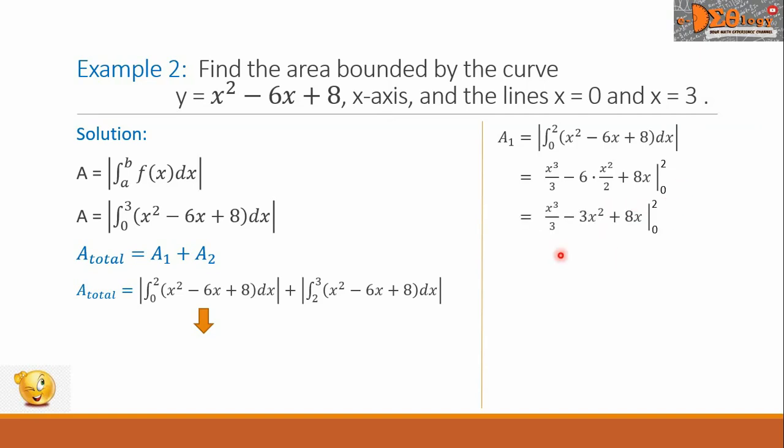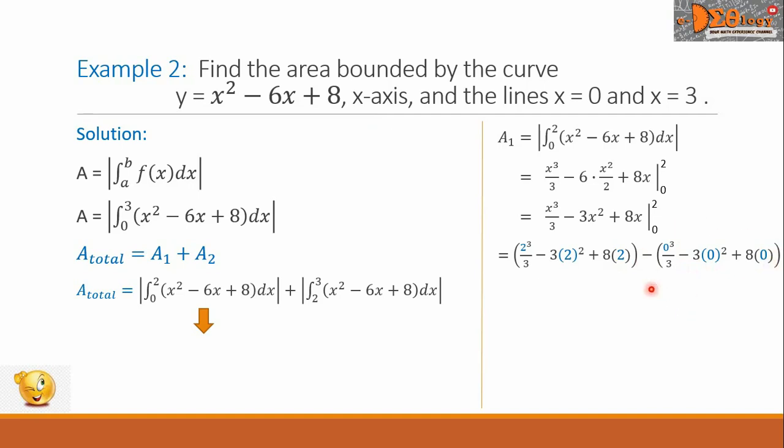Simplifying further, we will get the middle term to be 3x squared. Now let us evaluate this expression with respect to the limits of integration. We will get now 2 cubed over 3 minus 3 times 2 squared plus 8 times 2 minus 0 cubed over 3 minus 3 times 0 squared plus 8 times 0.